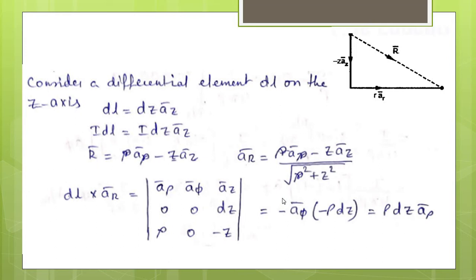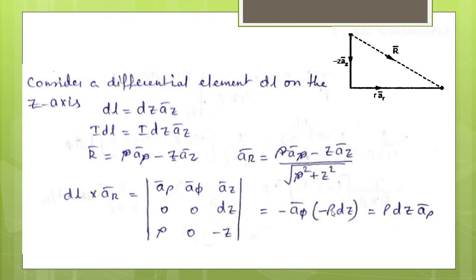It is having components along rho and z. So here we have the rho component and the az component. There is no a phi component. So in place of a rho we can put rho. There is no a phi component, so put 0 here. In place of az we can put minus z. So in the same equation, we put the coefficients here, and if you simplify this, we get minus a phi into minus rho into dz.